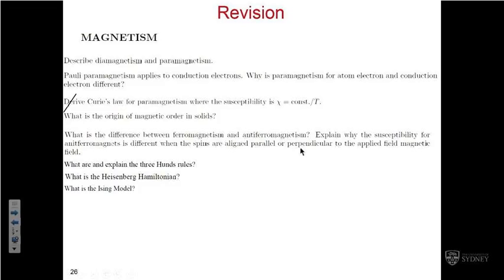And for the other one, ferrimagnetism, you'll get some smaller value of M. We talked about the Hund's rules, so you should be familiar with those. You should know what a Heisenberg Hamiltonian is and an Ising model, in qualitative, descriptive terms. You won't need to use them. You won't need to write down their equation.